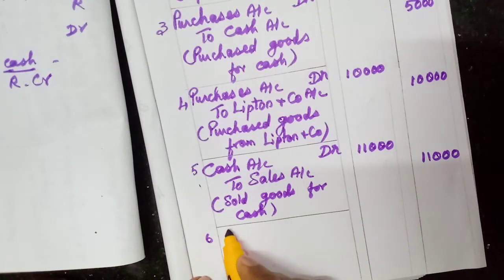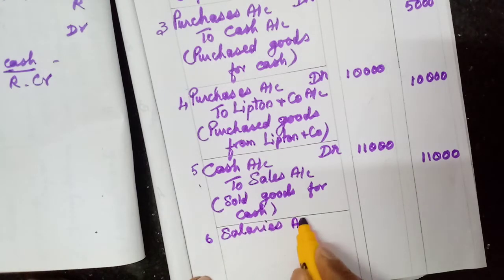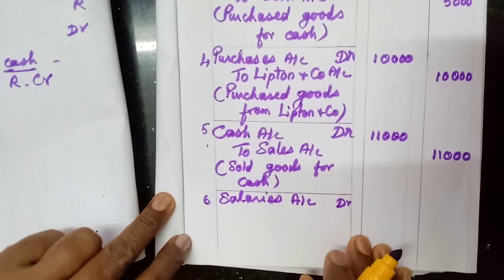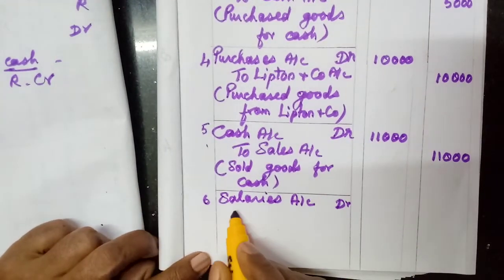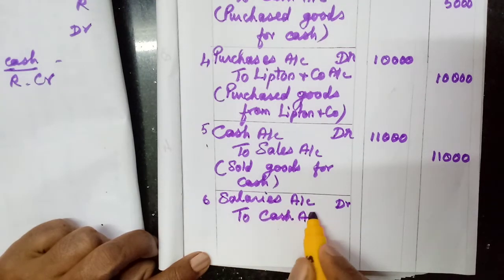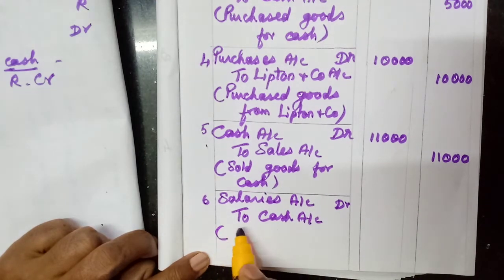Sixth one, salaries account debtor to cash. Okay, paid salaries or salaries paid. Okay, paid salaries.